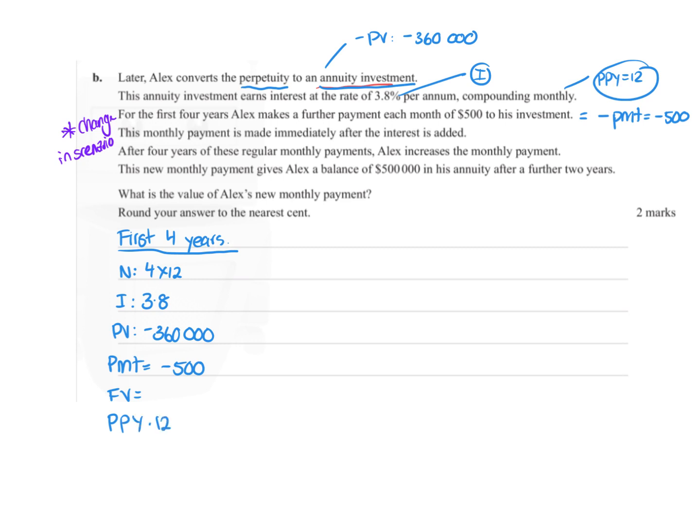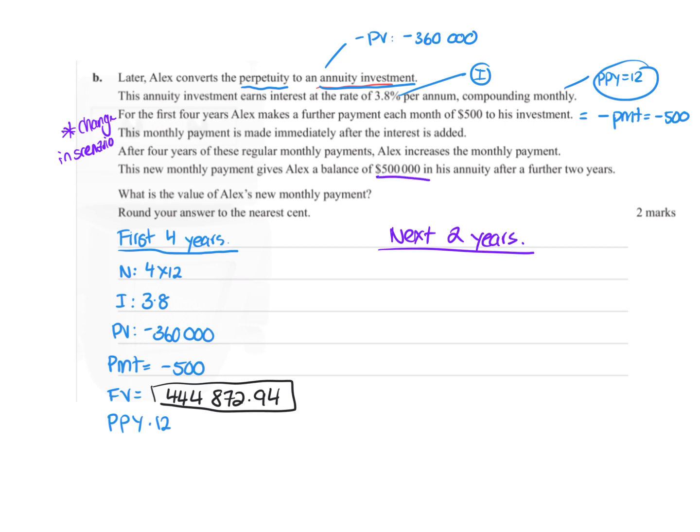Okay, so we want to know this so we can continue on with the next 2 years. So when we do that in our calculator, we get 444,872.94. So then we're going to move into the next 2 years. Because remember, when we have a change of scenario, we like to sort of start again.